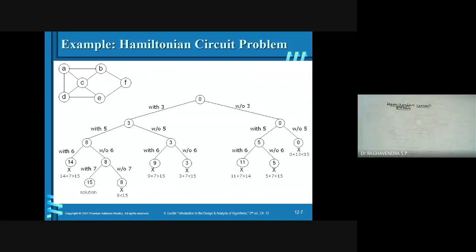So here is the Hamiltonian circuit problem. How can this be solved? First I am going to take an example.